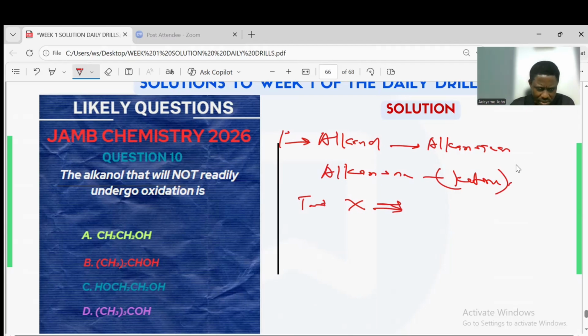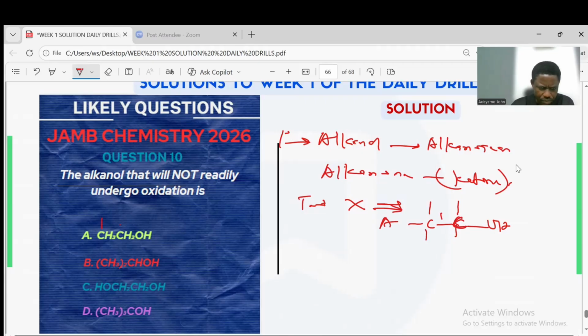So which one is tertiary alkanol here? I've told you that a primary alkanol only has one carbon attached to the carbon that is carrying the hydroxyl group. If you look at this one very well, you have CH2, you have CH3, only one carbon for the A option. This one carbon is attached to the carbon that carries hydrogen.